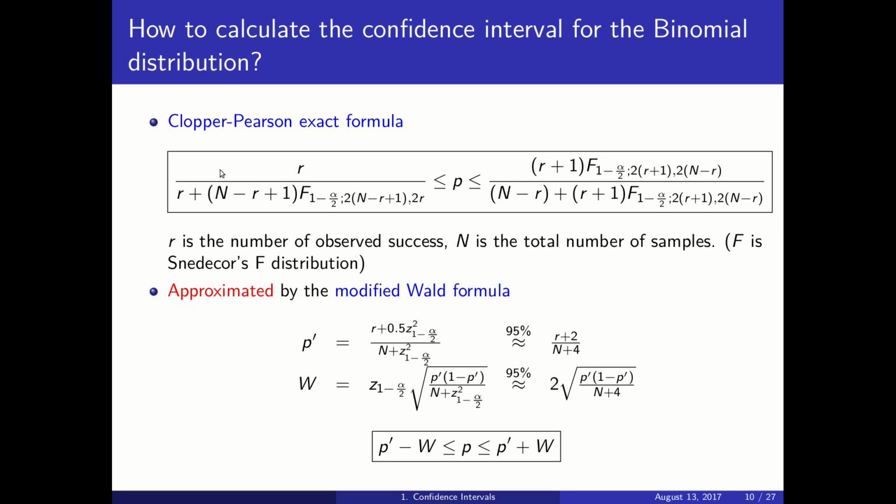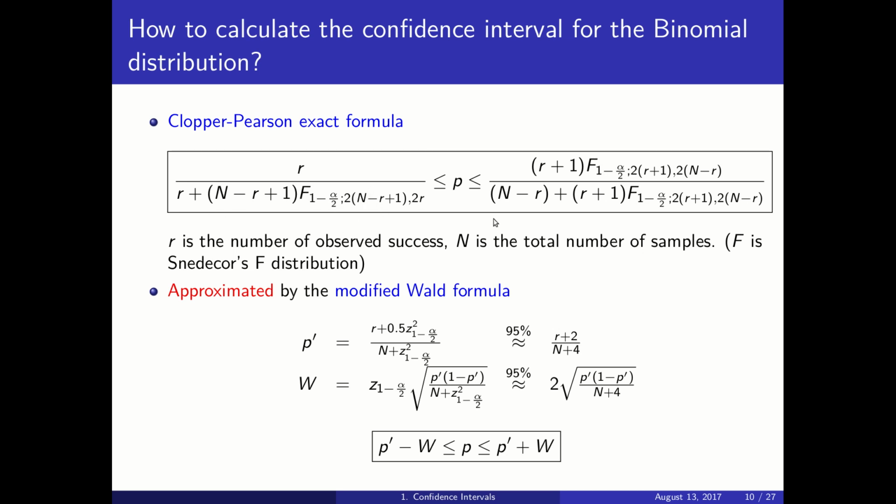N is the number of newborns that we have observed, and alpha is the error that we allow. So when you want to construct a 95% confidence interval, this alpha is 5%. So you have everything.